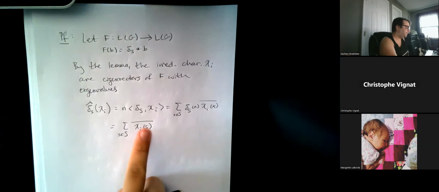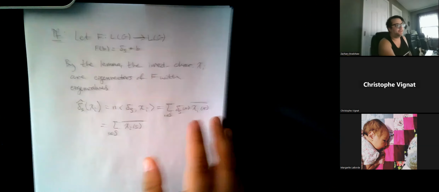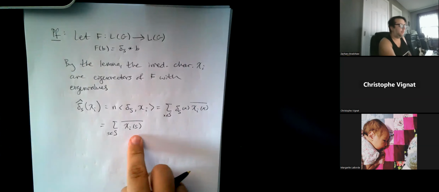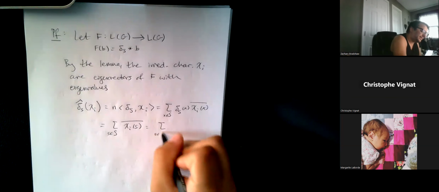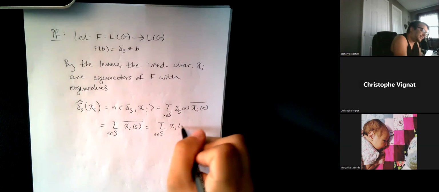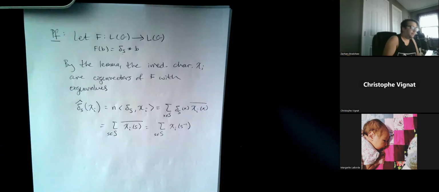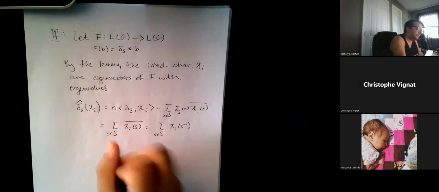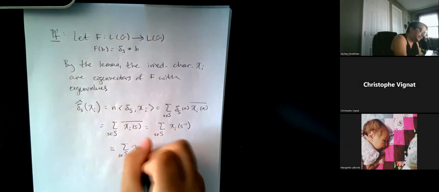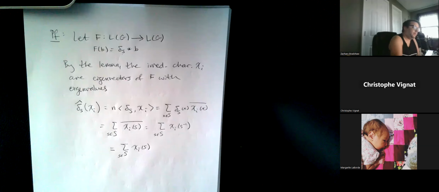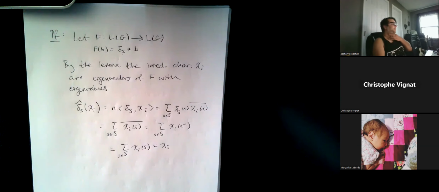And so this conjugation will be the same thing as, well, effectively what it says is that these things are unitary. And so this will be the same thing as the sum over S in S of chi I of S inverse. And from here, we can just do a substitution, right? And we can rewrite this as the sum over S in S of chi I of S, which is exactly what we conjectured lambda I to be, the eigenvalue.